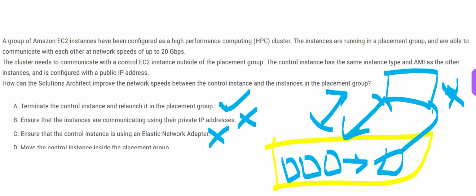So imagine the blue box is a big building. We can't move it as it is. We got to dismantle it and rebuild it inside the yellow box. So that's why D won't work, because it's just not a question of moving that big entity here. You cannot do that.